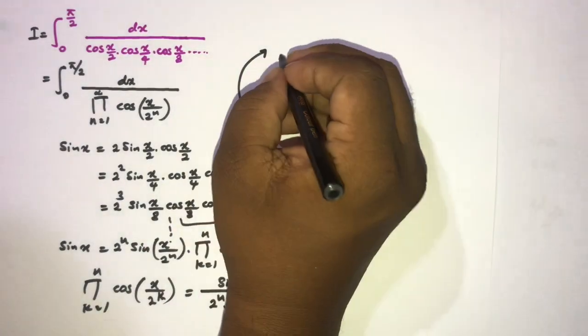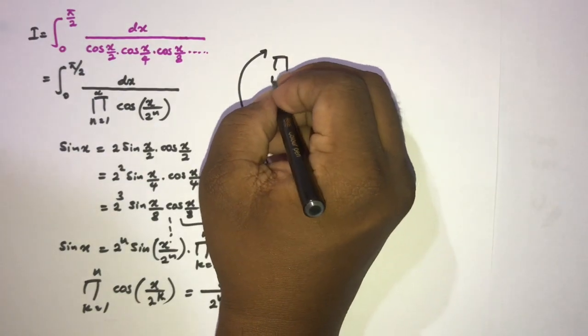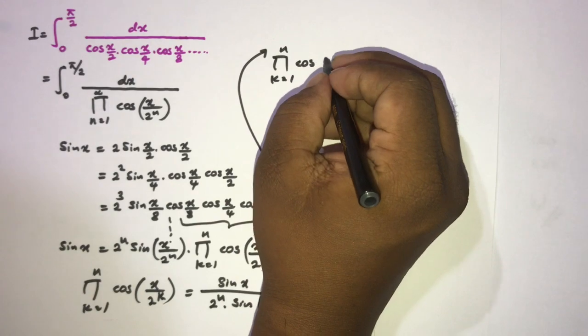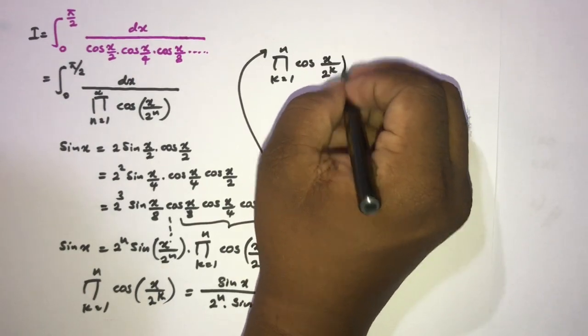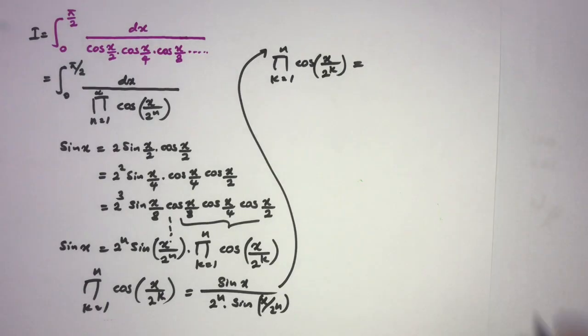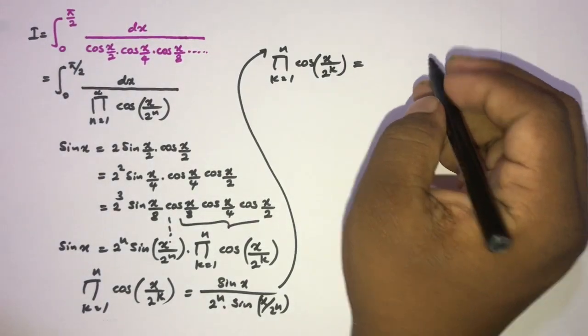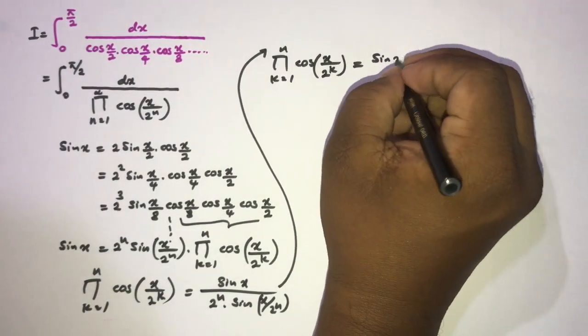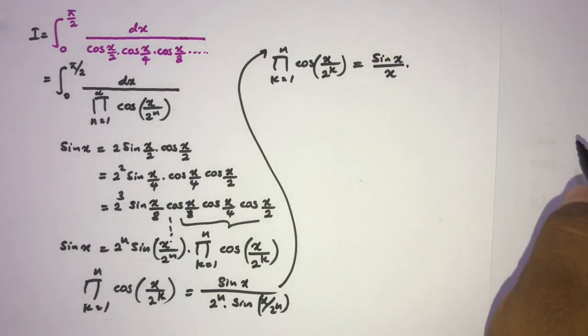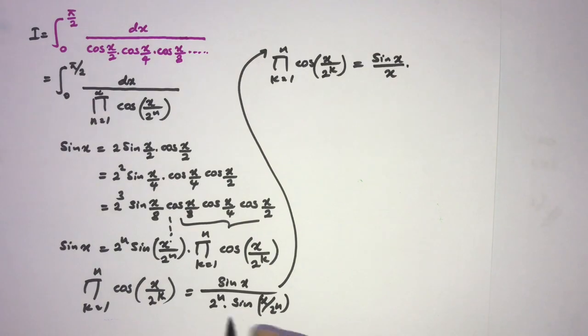Here the product is equal to, now I'm going to divide by x, so sine of x over x, so we should also multiply by x, and also 2 raised to the n.